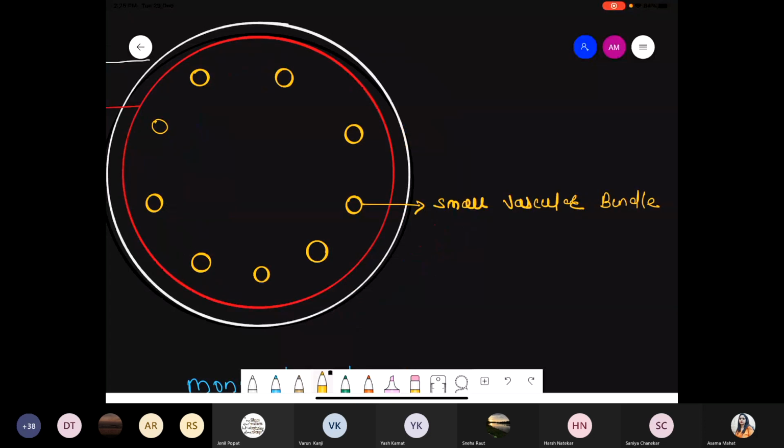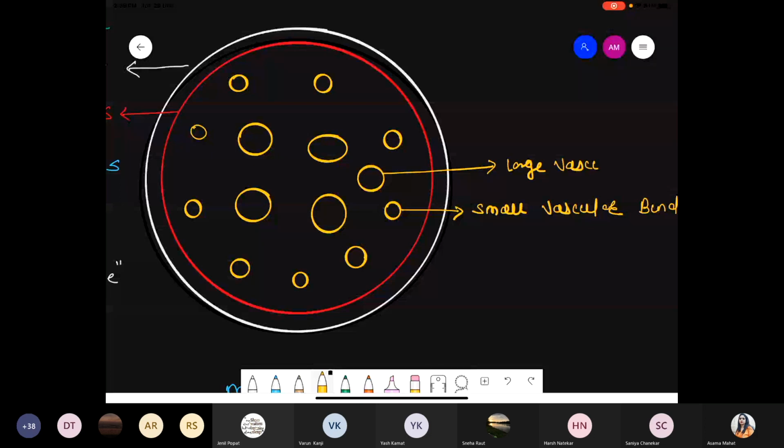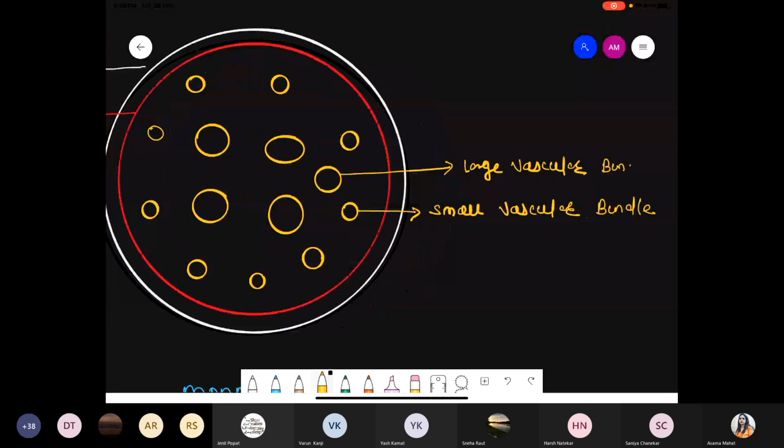Okay. Now toward the inner side, there is a presence of the large size vascular bundles like this. Large size vascular bundle. Inside the small size and the large size, quickly I'm representing only one point, how the xylem and the phloem get arranged.